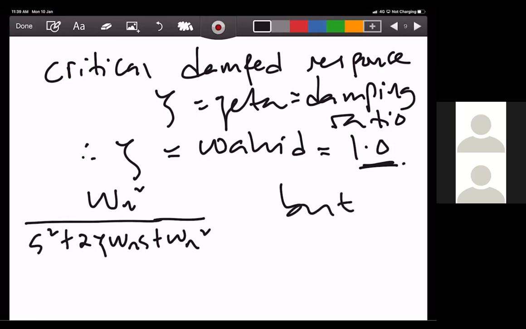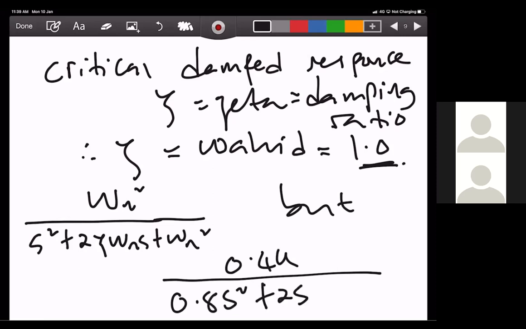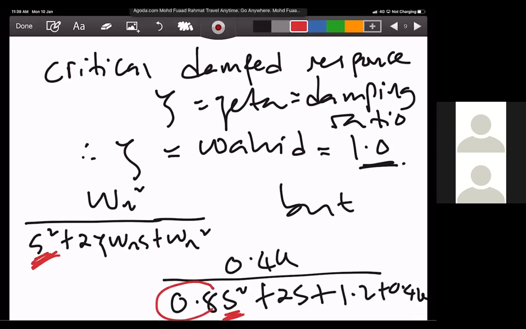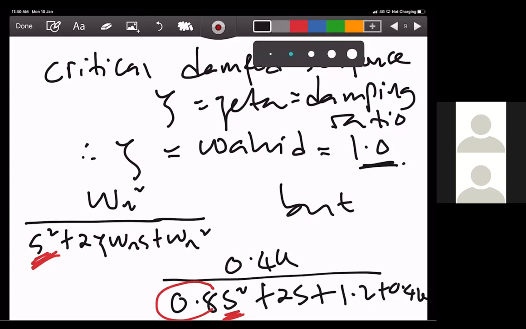But the transfer function we obtained earlier, Herman, what was it? 0.4K over 0.8s square plus 2s plus 1.2 plus 0.4K. The problem is we cannot compare this directly, so we need to eliminate the 0.8. According to Najwa, how do we eliminate the 0.8?